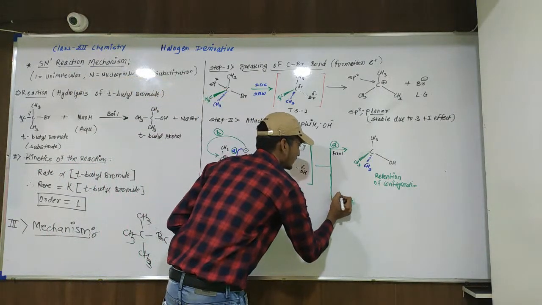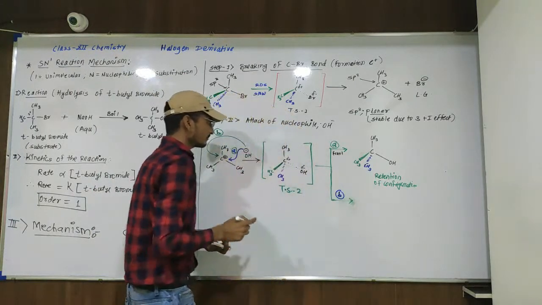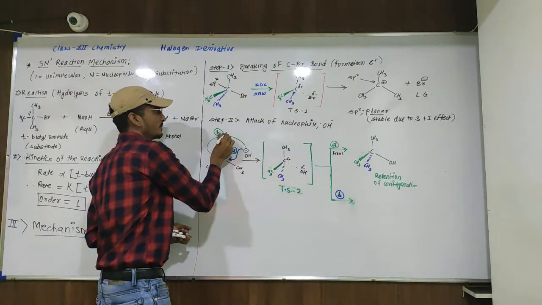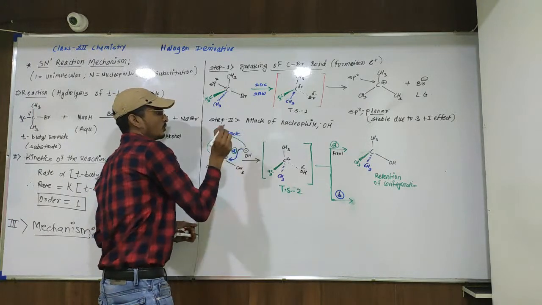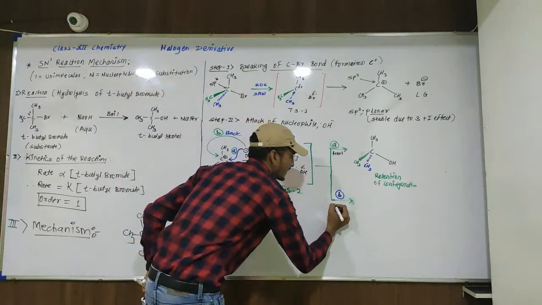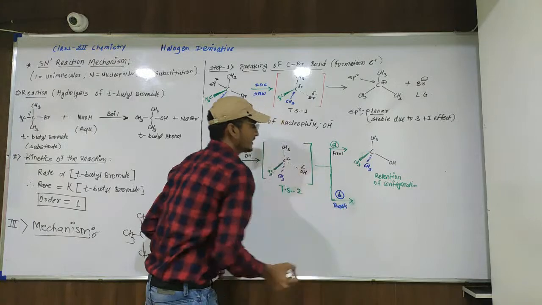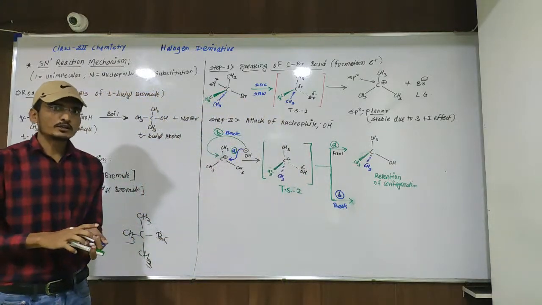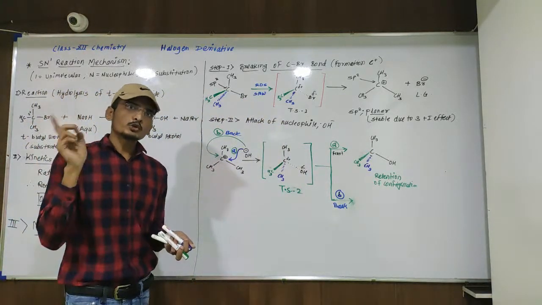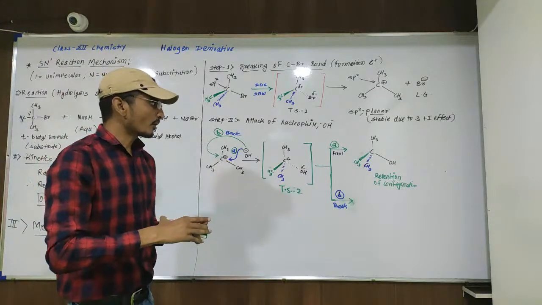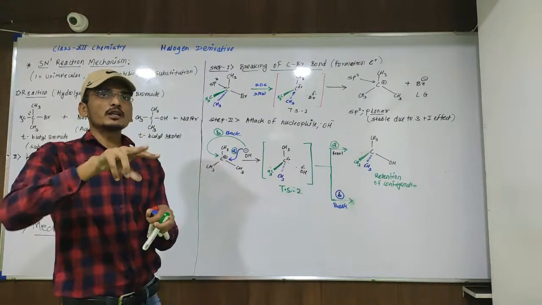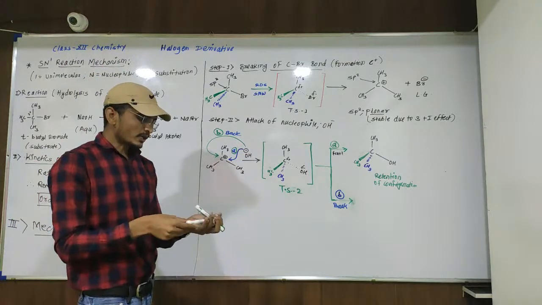I consider this route number B, the back side attack. You know very well that in the SN2 reaction, when the nucleophile attacks from the back side, there is an inversion of configuration.